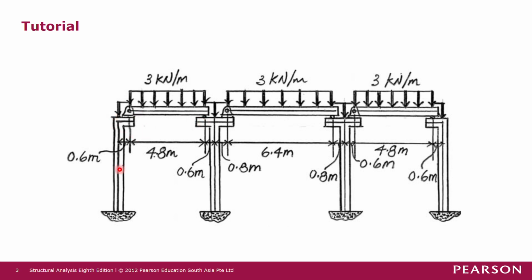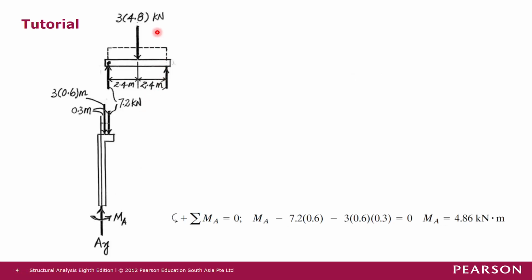So if we take this beam and this part of the structure as 2 free body diagrams, then they will look like this. This is the beam part, and this is the frame with the cantilever girder part.